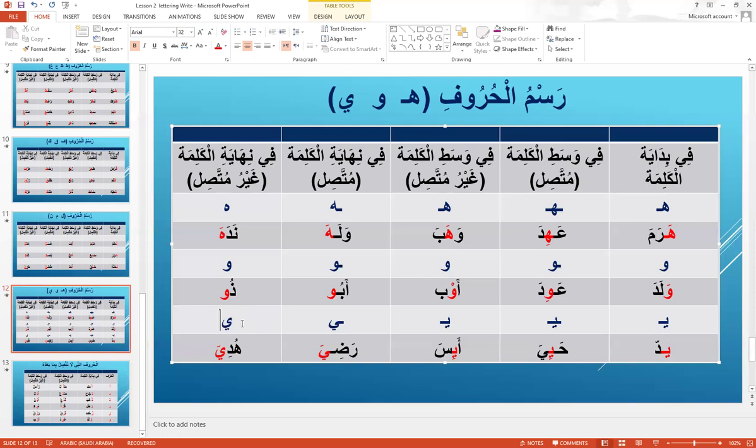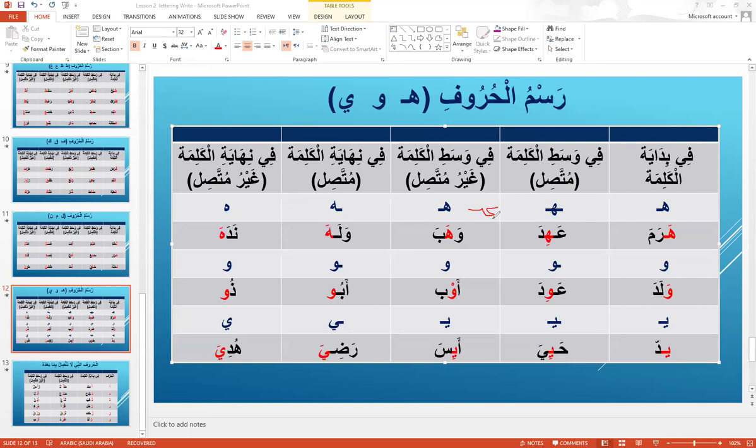So this is how you're going to find alphabets generally in Arabic text. You try and learn and understand it, except that in the Quran you will see that ha in the middle is written like this also.